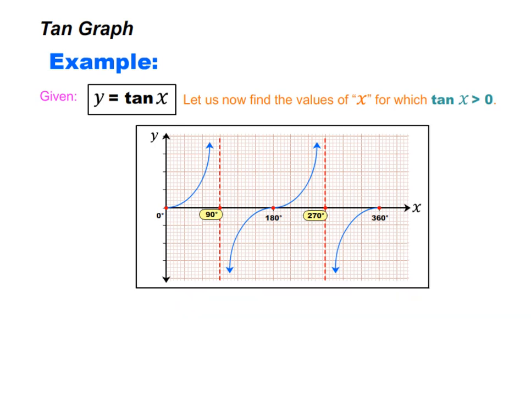Look at the graph. From 0 degrees to 90 degrees, the graph is positive. From 180 degrees, which is here, to 270 degrees, which is here, the graph is positive. So, our solution will be written like this.